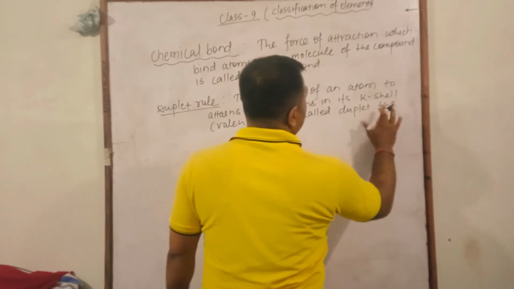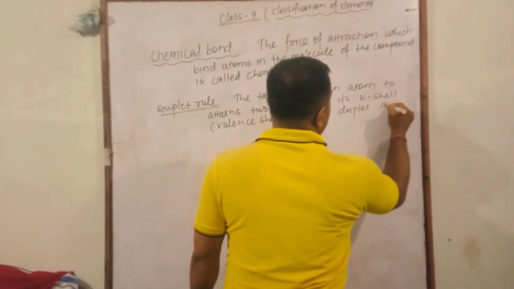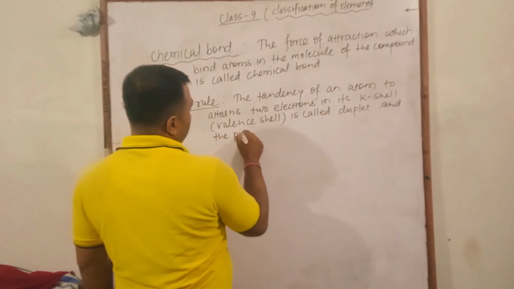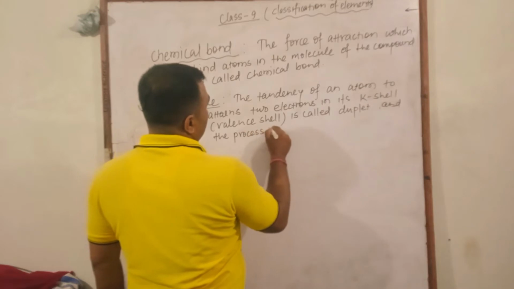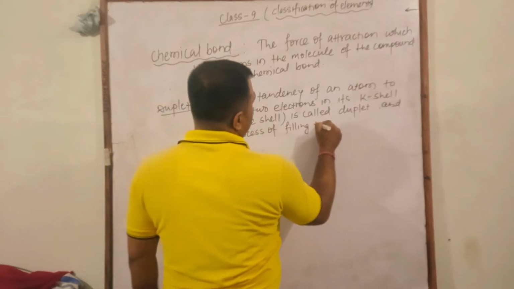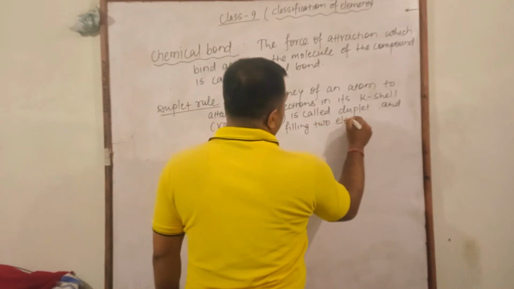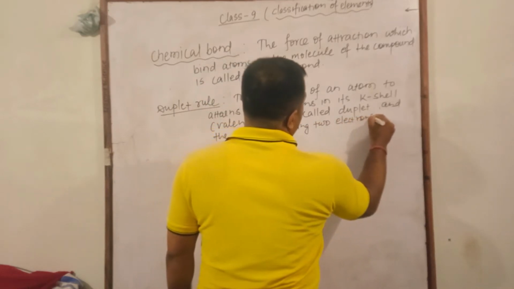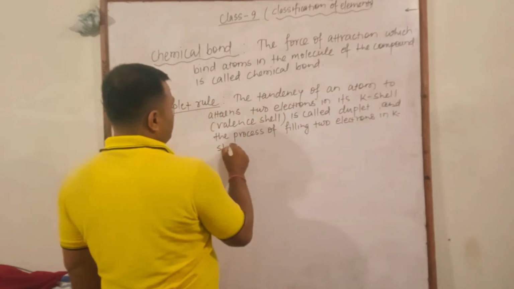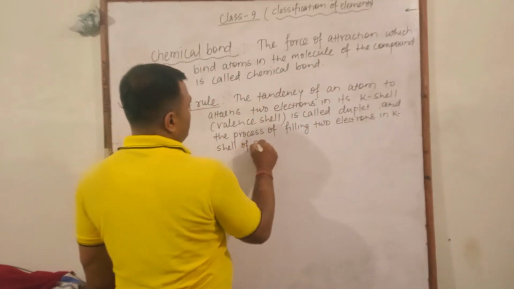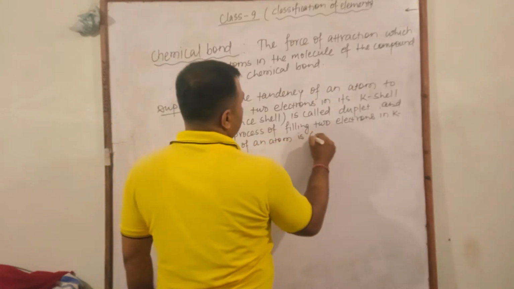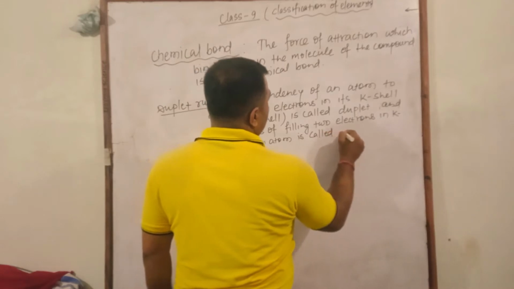And the process of filling two electrons in the K cell of an atom is called duplet rule.